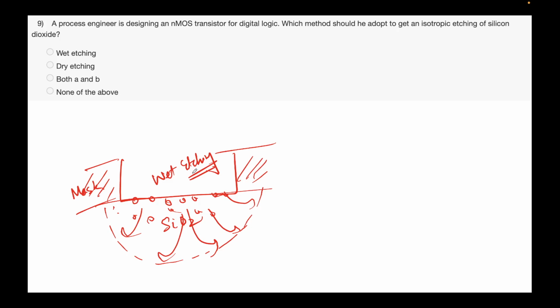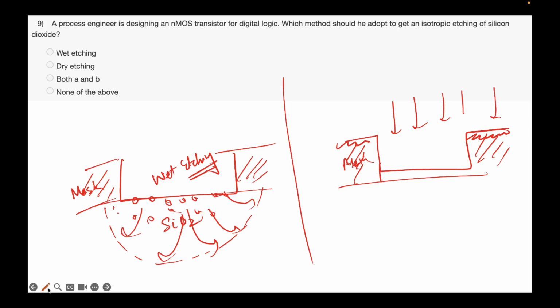Plasma will strike here also. It will chip away some of it, but this is thick enough. The mask will make sure that it's thick, so it doesn't create any problems for us. In the masked region, some of this mask will get damaged, but that's fine, we'll live with that.